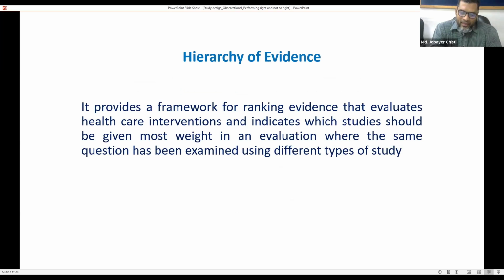As Professor Andreas already showed, randomized clinical trial should be the best design. The hierarchy of evidence indicates which studies should be given the most weight in an evaluation where the same question has been examined using different types of study.